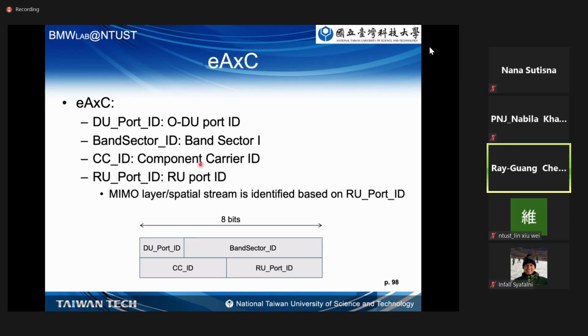They call it a component carrier. So you need to determine a component carrier. Then you can know the symbol will be transmitted in which component carrier. RU port ID is the RU port ID you want to transmit. So eAxC defines which DU transmits to which RU. As we mentioned, the Fronthaul protocol is one DU can control many RU. So you can use the eAxC to know the DU and the RU.